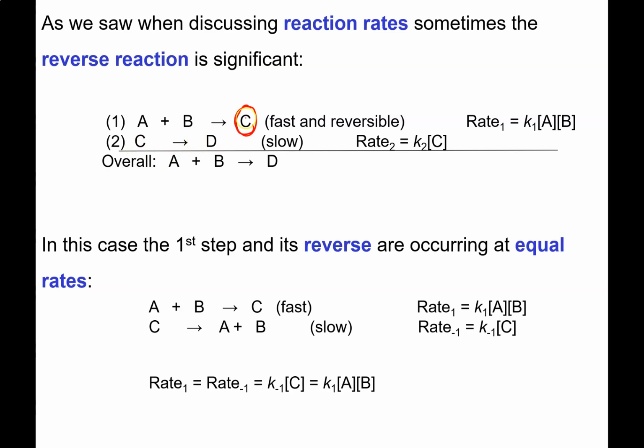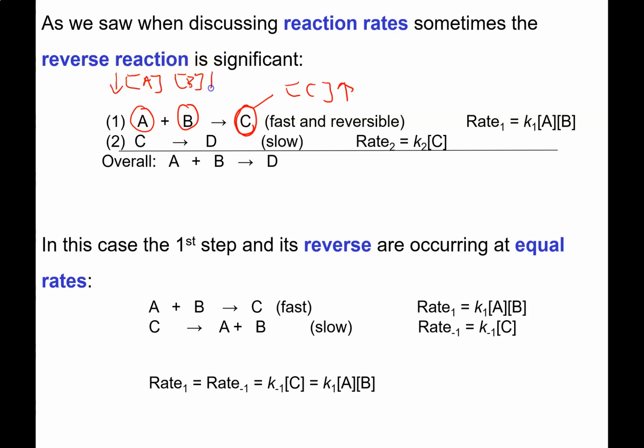And as a result, the rate of the reverse reaction would become more and more important as the concentration of this guy built up. Now, of course, as we're producing C, and we're doing this quite quickly, the concentration of A and B are decreasing.